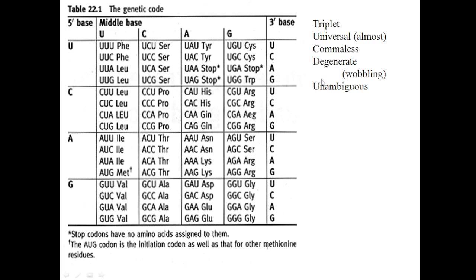The code is triplet, degenerate, unambiguous, comma-less, and universal. No, it is only relatively universal, because now near 16 variants of the genetic code are known.